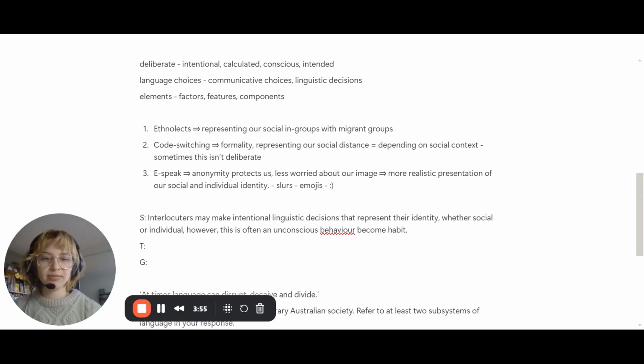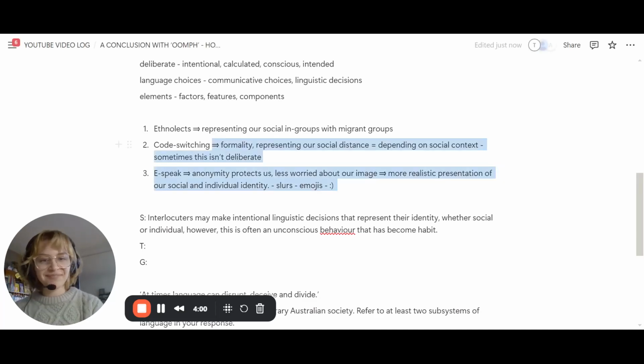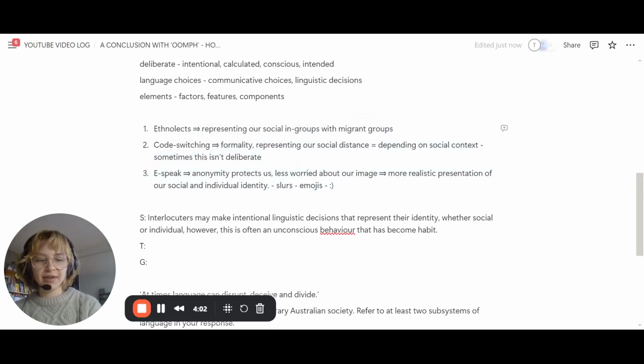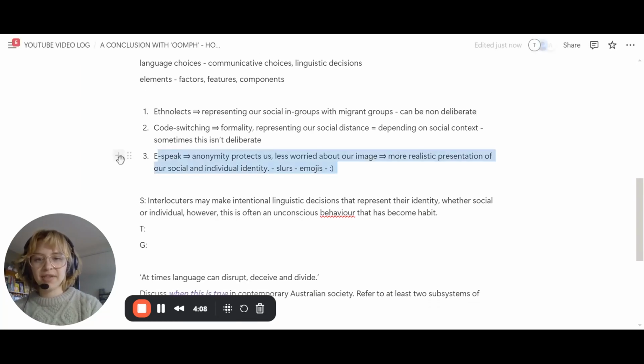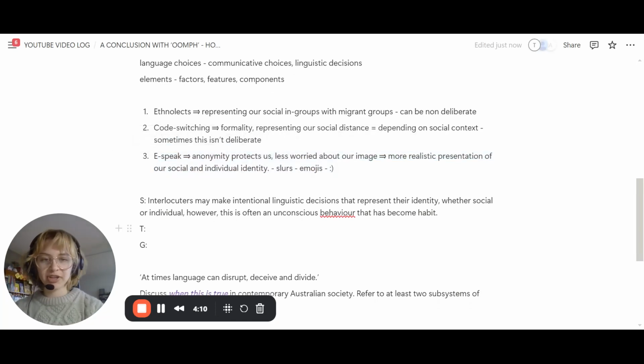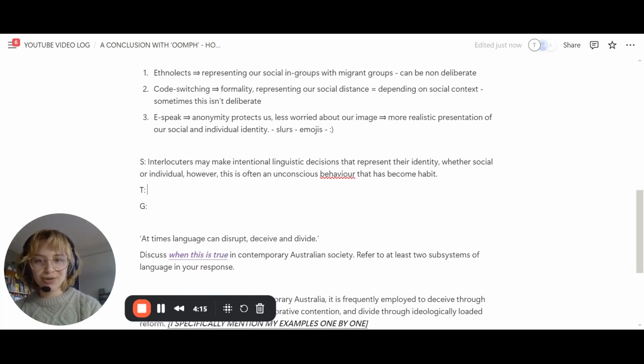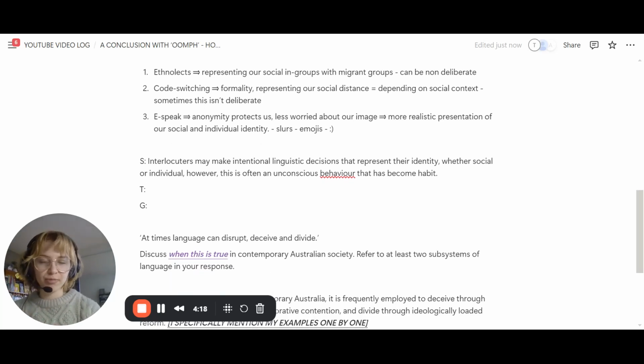However, this is often an unconscious behavior that has become habit. Okay, so we will probably say this can be non-deliberate. But then with e-speak, you have so much time to edit your writing, so that's going to be more deliberate, I'm going to say. Cool. So that's our specific answering of the prompt. If the examiner asks us, what is your actual contention? We can say interlocutors may make intentional linguistic decisions representing their identity. However, this is often an unconscious behavior that's become habit.